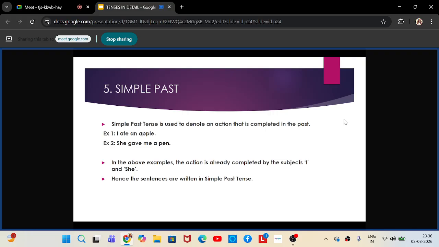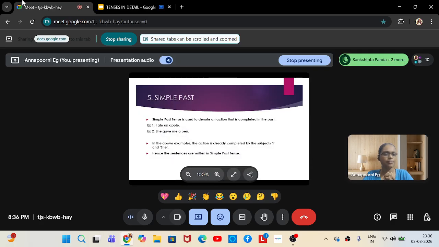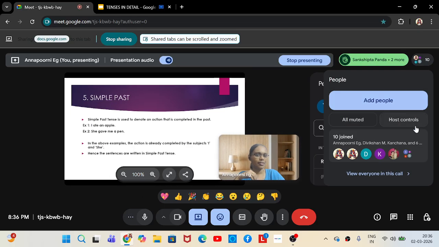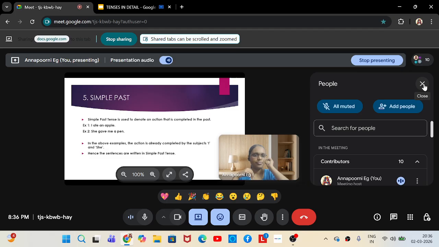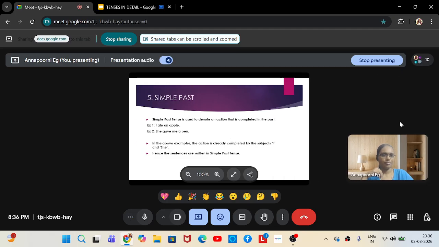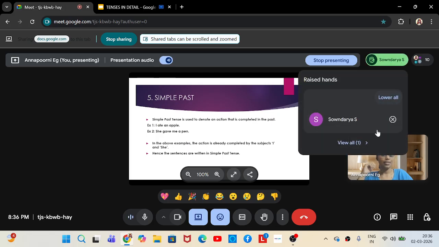So first let us start with simple past tense. Can anyone guess the structure of this tense? Raise your hands. What is the structure of simple past? Yes, Soundarya.